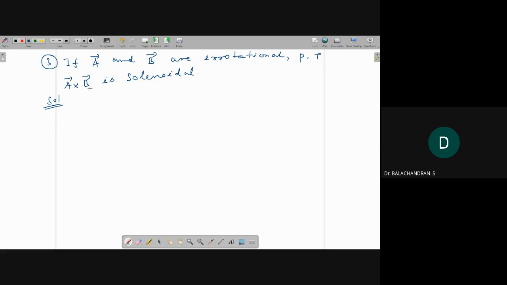Solution. Yes, so what is given in the question: A vector and the B vector are irrotational.